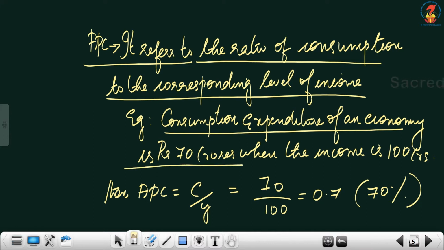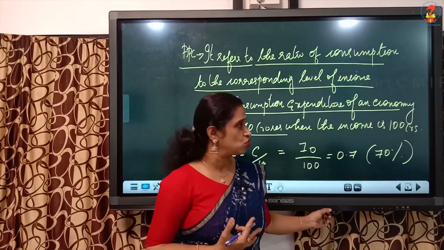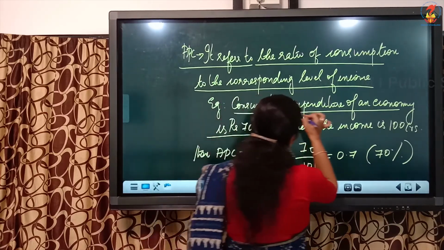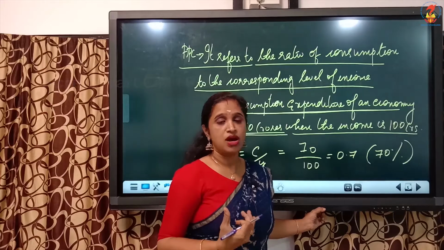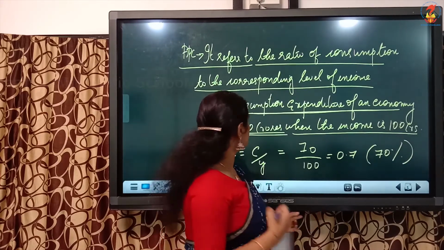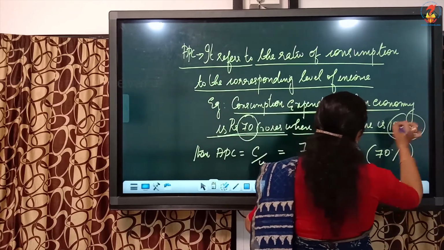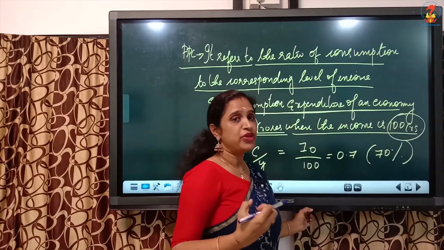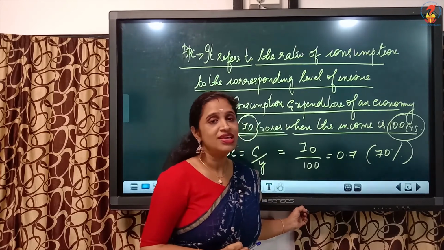I told you we will be speaking in terms of an economy, not in terms of an individual. So, consumption expenditure of an economy is rupees 70 crores when the income is 100 crores. What is the income level of economy? 100 crores. What is the consumption expenditure of an economy? Consumption expenditure of an economy is 70 crores. Income level is 100 crores. So, from the 100 crores, 70 crores is used for the consumption in an economy.